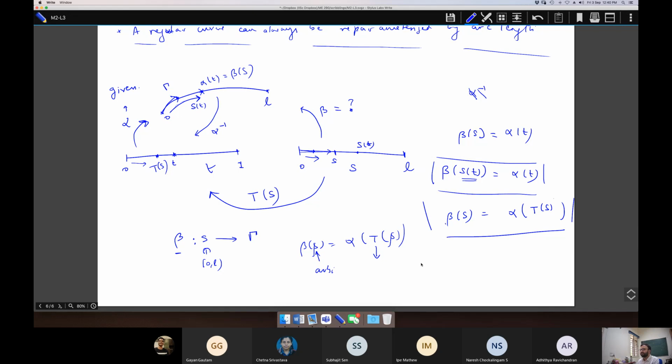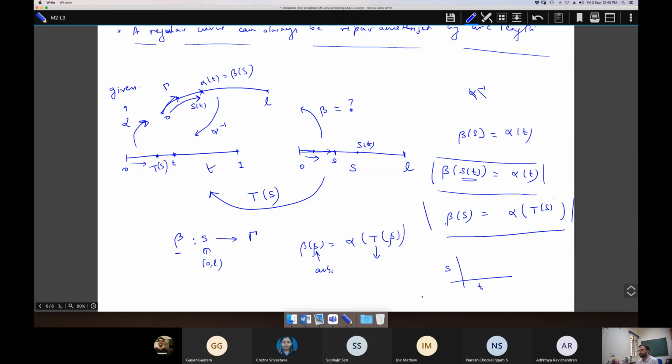If you are given the mapping alpha, can you construct this S as a function of T? Yes. Can you invert it? Yes. So is the mapping T known or unknown? Known.